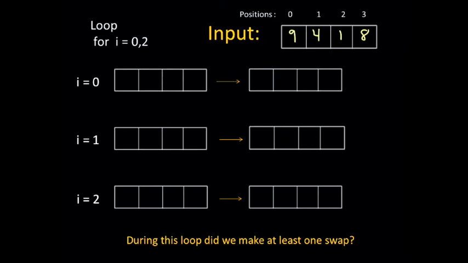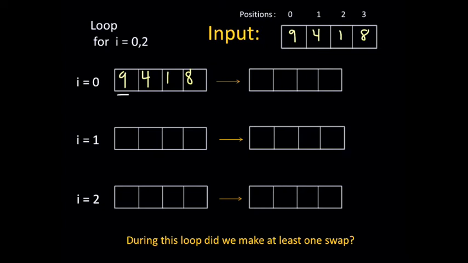If so, we swap. To make this clear, we're going to look at the state of the list after each iteration. Let's sort this list. Initially, when the current value is at position 0, the list state is 9, 4, 1, 8. I'll denote the current position with a little underscore.